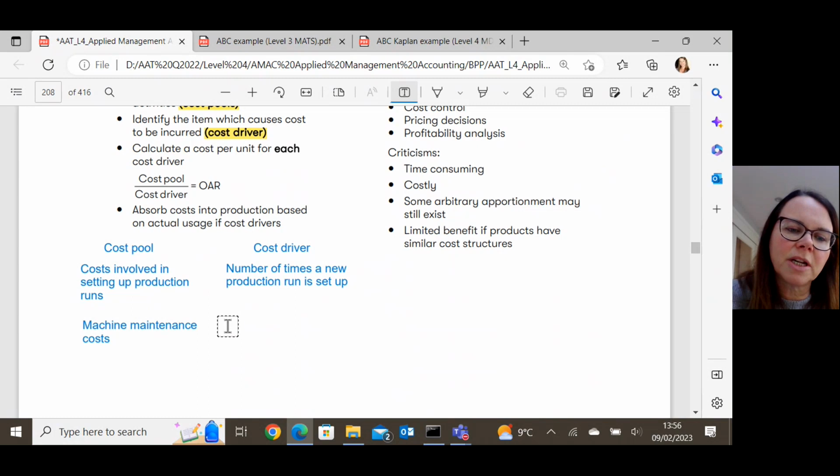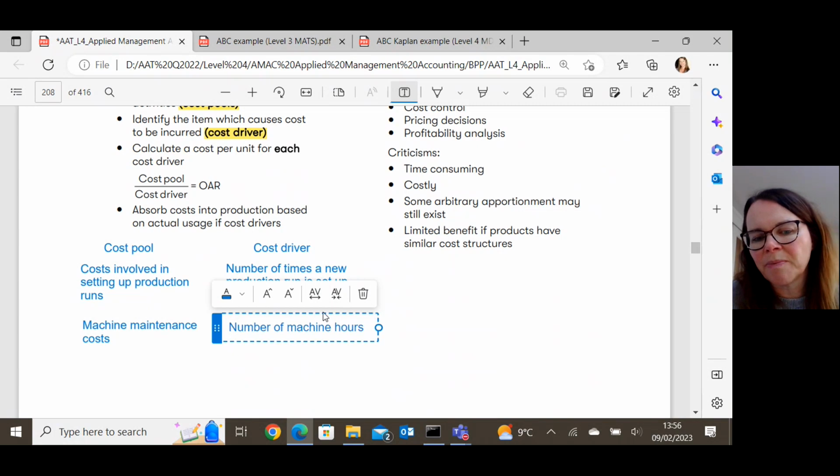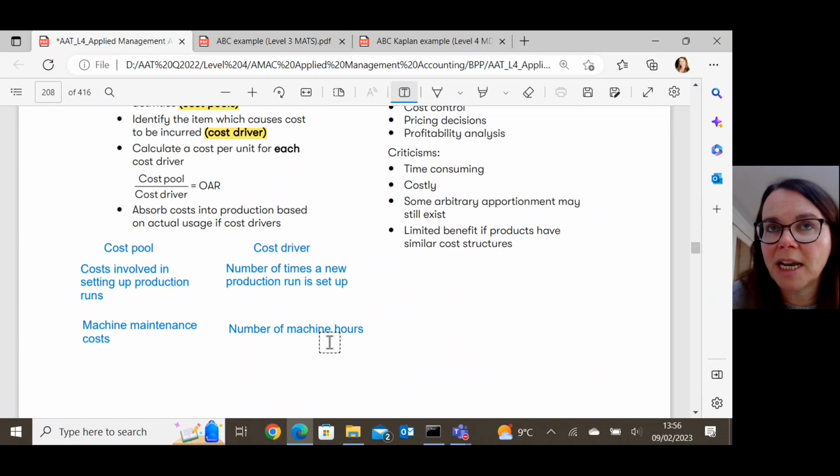We could argue that that cost is driven by how much the machines are used, so maybe it's driven by the number of machine hours. With that example, we are using machine hours because that is driving the machine maintenance cost. But with the other example, it's nothing to do with the number of machine hours. It's every time a new production run is set up that drives the costs.